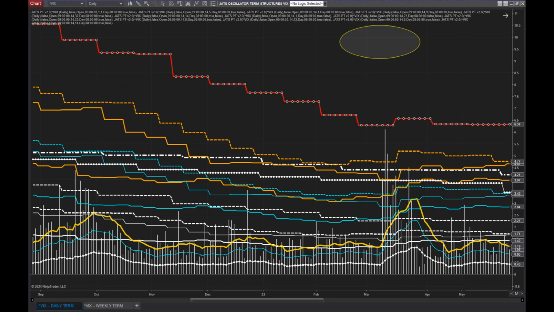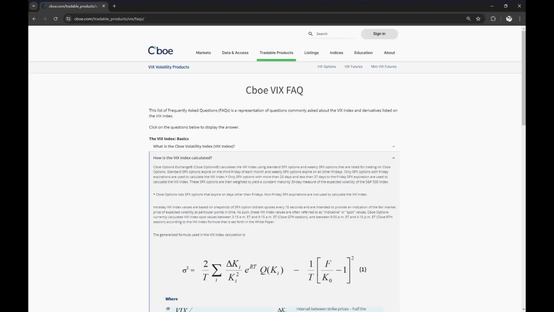And where do I get that information from? That's on your VIX FAQ. So no fewer than 23 days for the calculations of the distribution, and no more than 37 days.